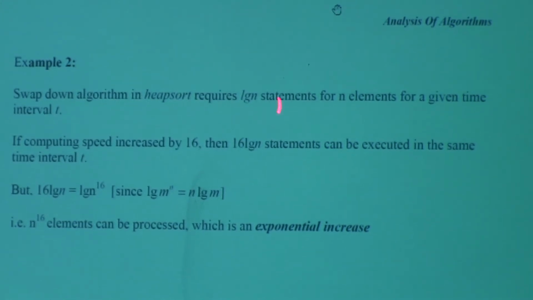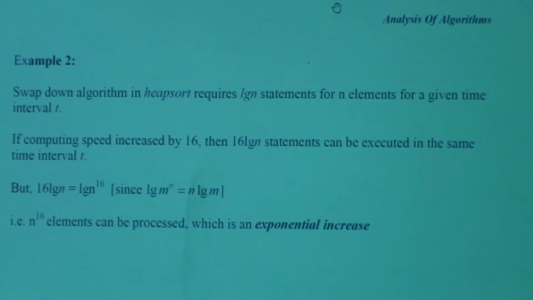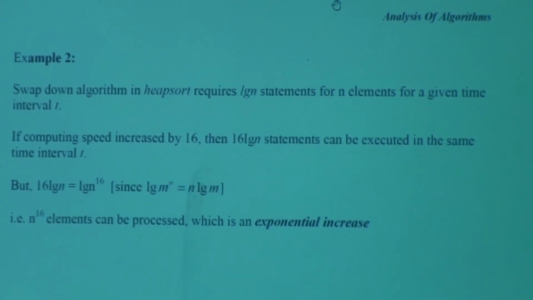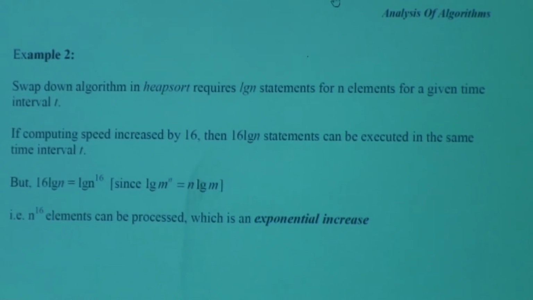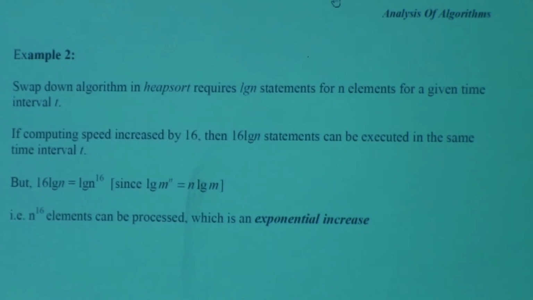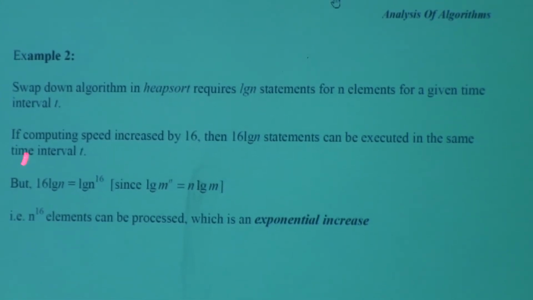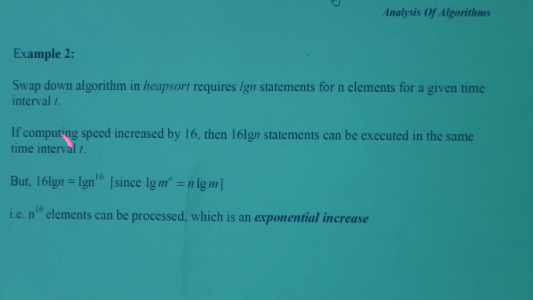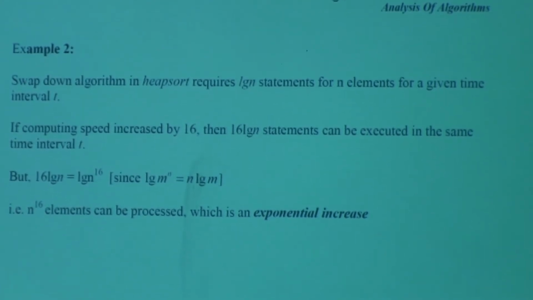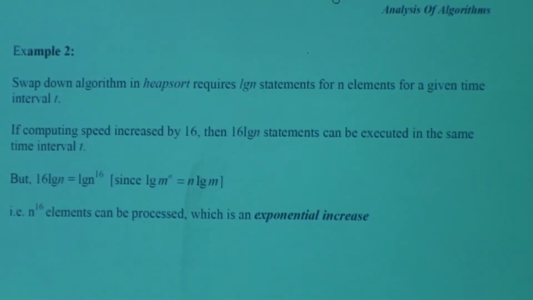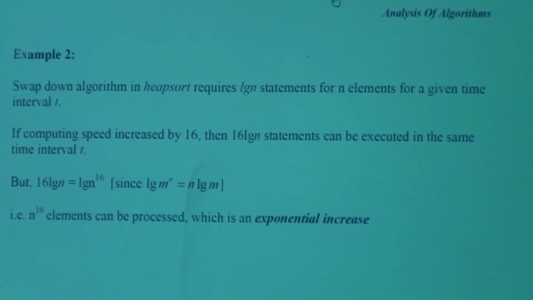If the algorithm is logarithmic, we gain, say it again, an exponential speed up. So when we speed up the computer by 16, our problem size goes up by the power of 16. Which is quite remarkable.